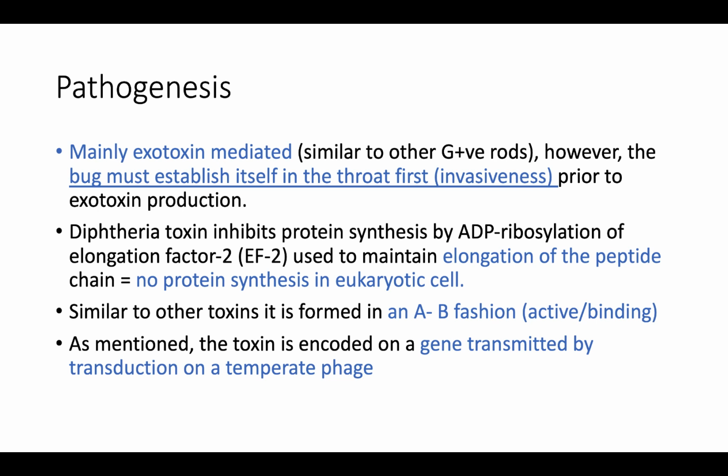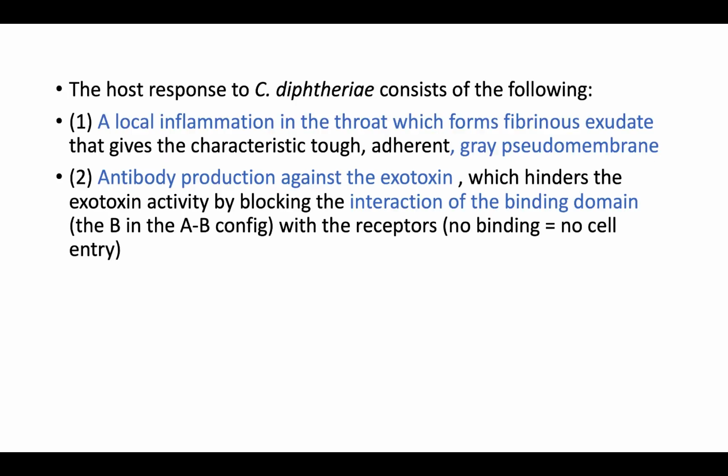And again, this toxin is formed in an AB fashion: A subunit, B subunit. The toxin is encoded by a gene transmitted by a phage, as many toxins are. So how does the host respond to this exotoxin?